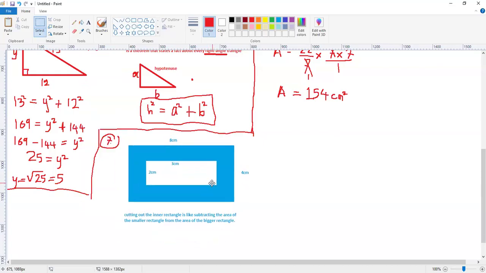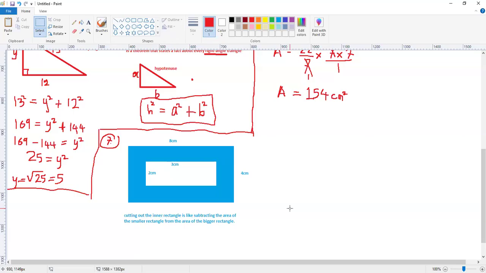Okay, all right. I want you to take a look at this shape. Have you seen a shape like this before? No. Now let me explain what you have seen right there. You're actually seeing two rectangles, a smaller rectangle inside a bigger rectangle, right? Do you agree with me?